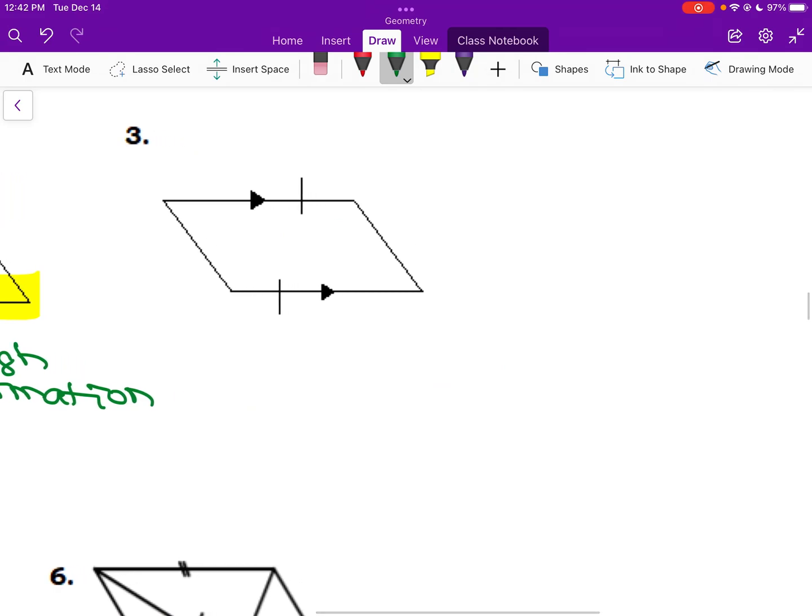Cool. Number 3, this is kind of the example I was just mentioning. We know this pair of opposite sides are not only parallel, but they're also congruent. So we would say yes.